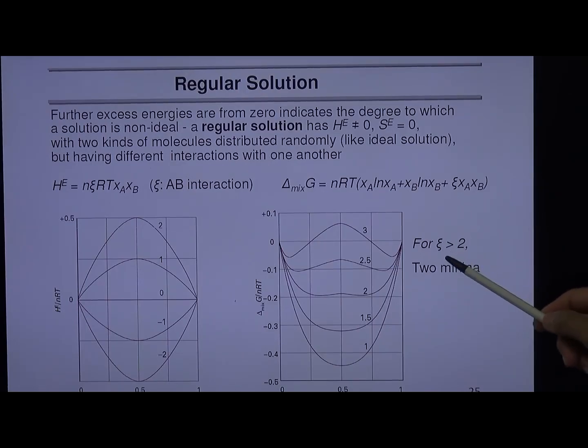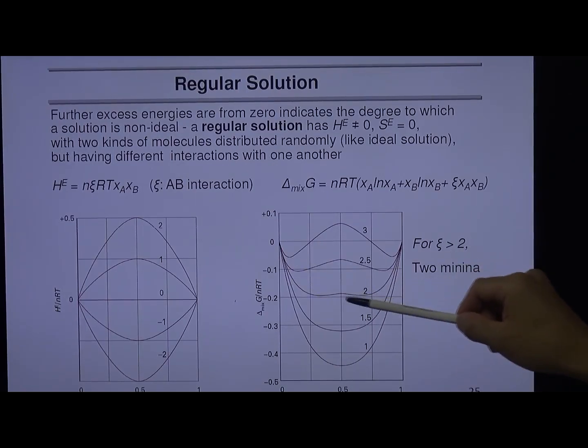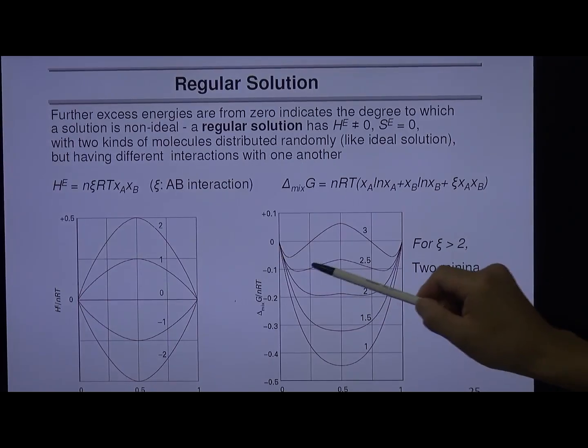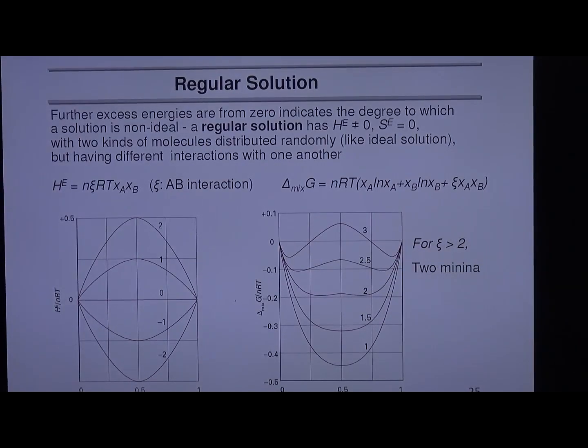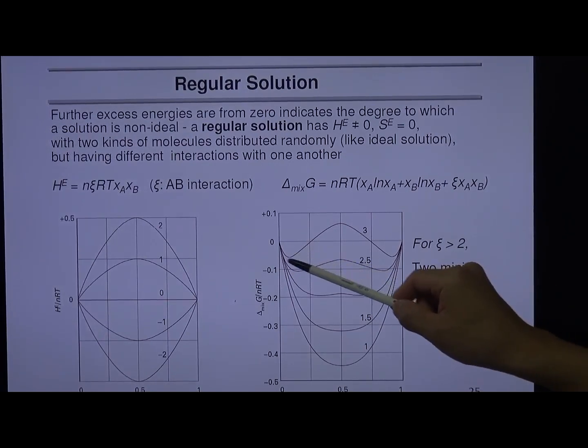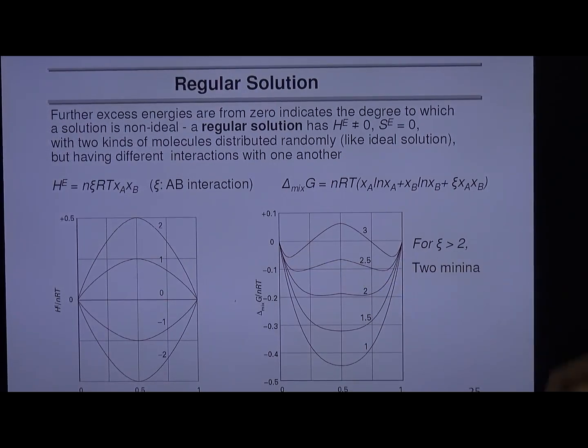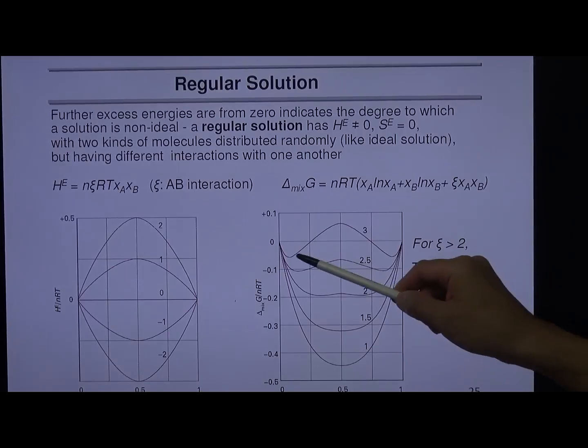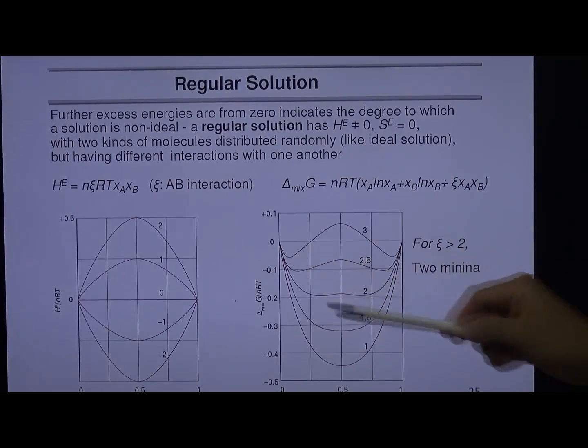But when psi is larger than 2, there are minima here, here, here, here, here, and here. Okay? Which means that this composition and this composition have the lowest Gibbs energy of mixing. So, lowest Gibbs energy means the process tends toward this composition spontaneously.